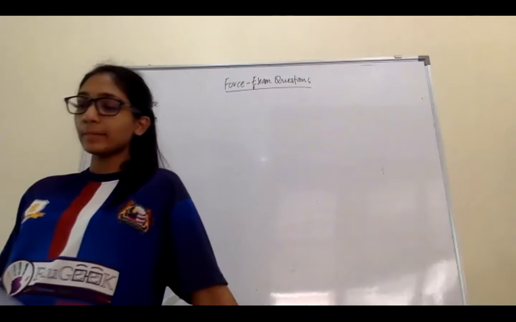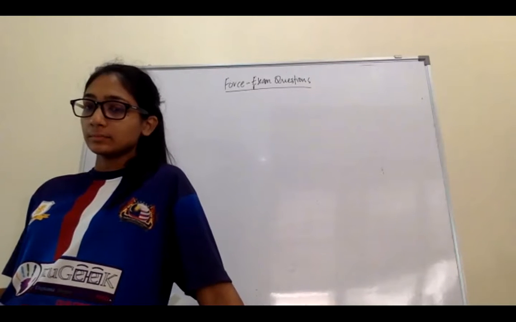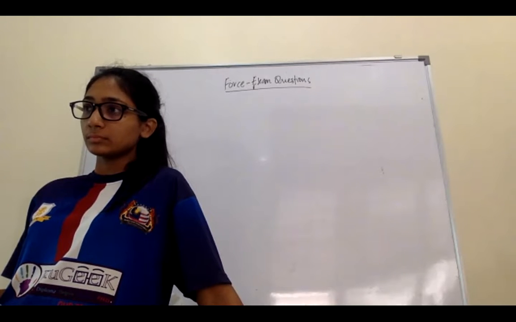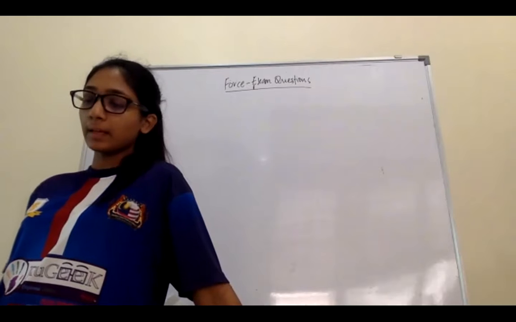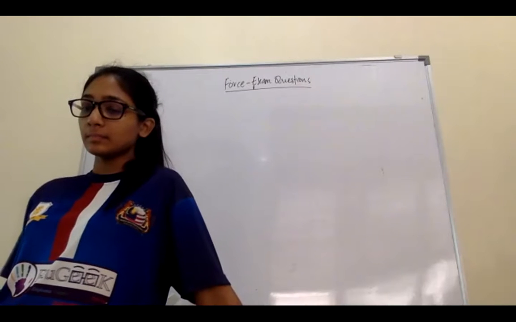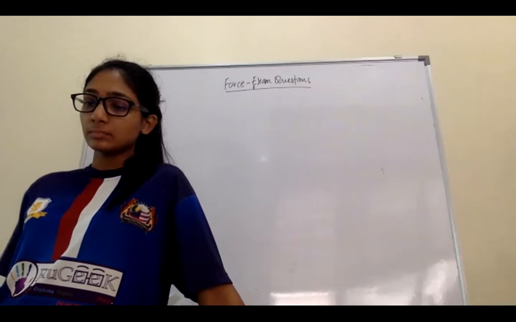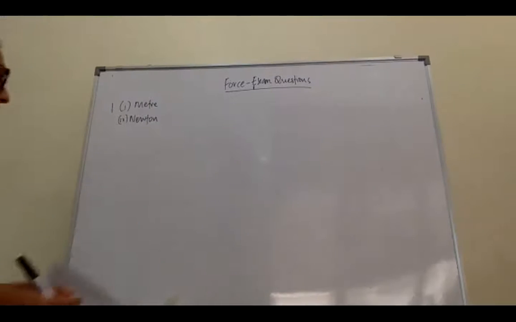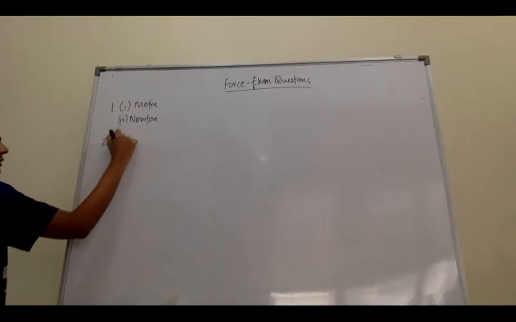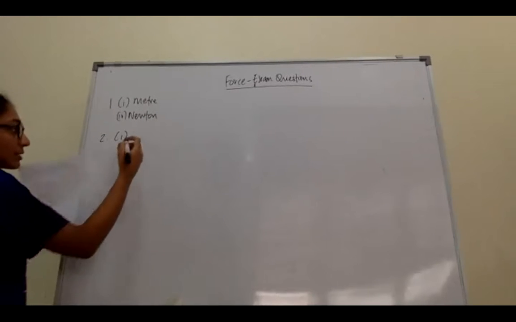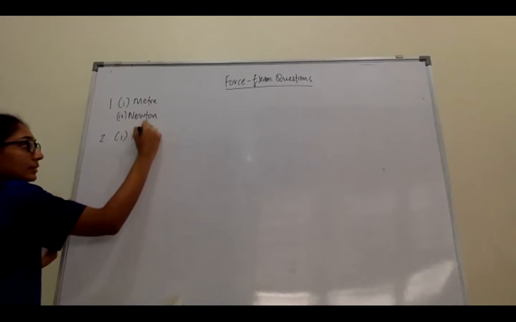I wrote that friction is a force that is produced when two surfaces rub against each other. Any other answers? Okay, I'll just write one of the answers that were mentioned here.